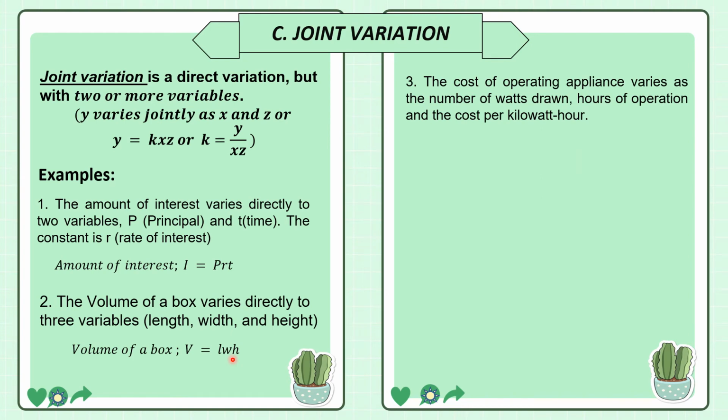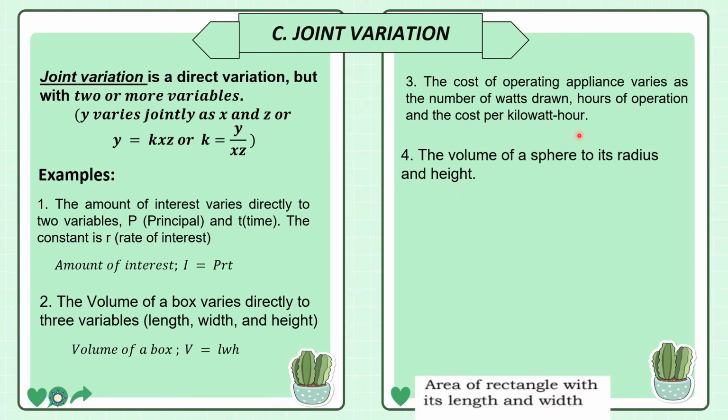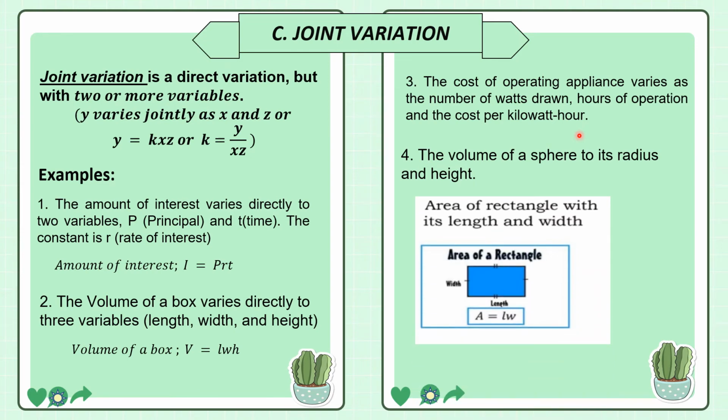Number three, the cost of operating an appliance varies as the number of watts drawn, hours of operation, and the cost per kilowatt hour. So this one is also an example of a joint variation. Number four, the volume of a sphere to its radius and height. And the last one, area of a rectangle with its length and width.